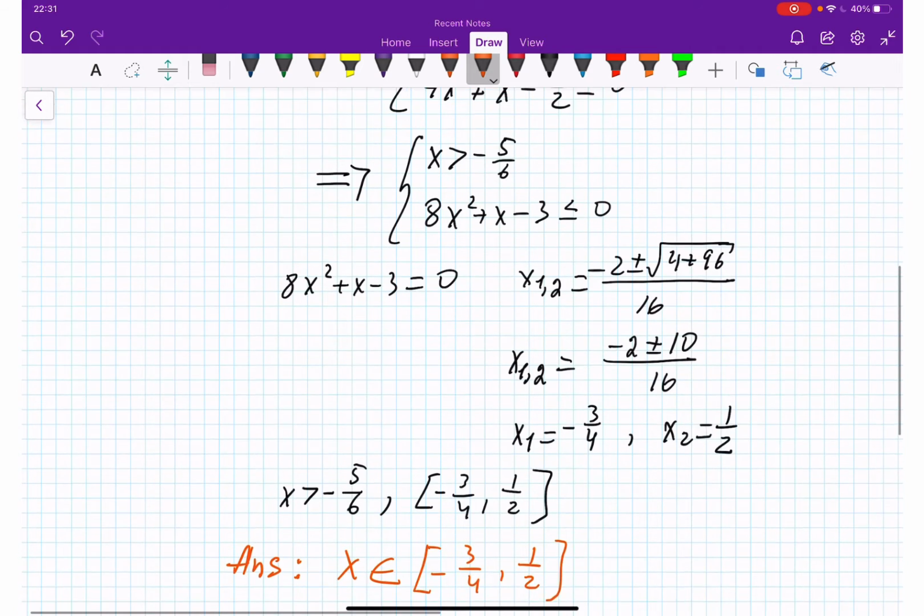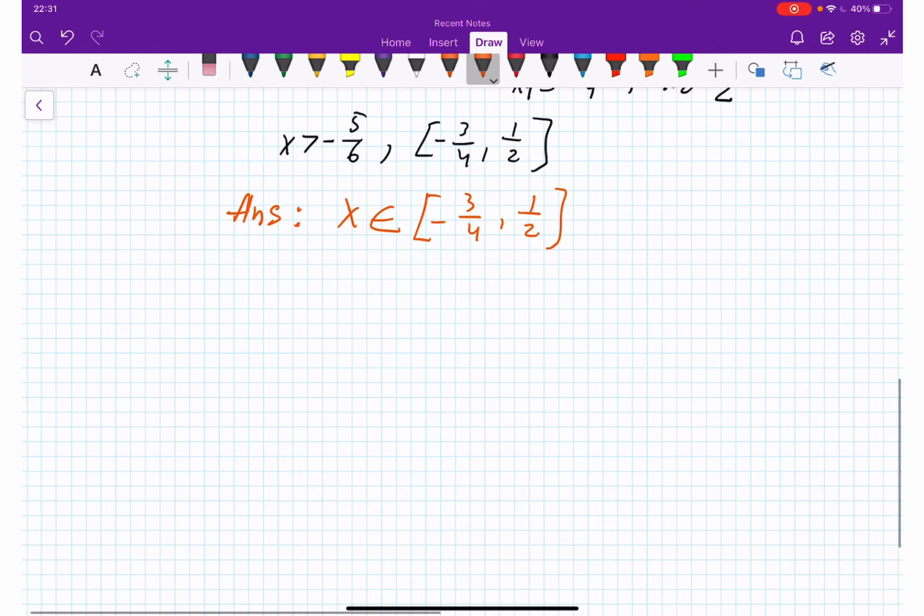Now let's look at the case when we have a base between 0 and 1. So we are taking 3x plus 7 over 2 between 0 and 1. The base cannot be negative, therefore we are looking at the case of a fraction. It's worth looking at because when the base is a fraction, the result of the logarithm will be an exponent that is negative once we solve the logarithm.